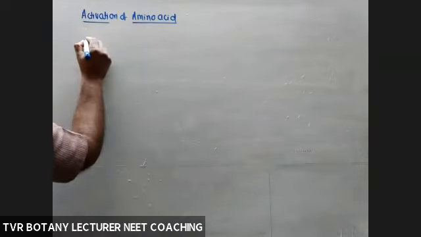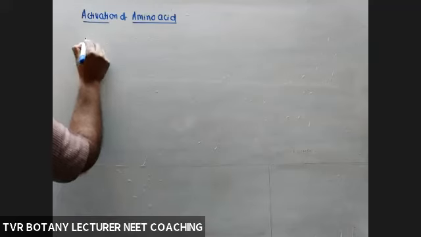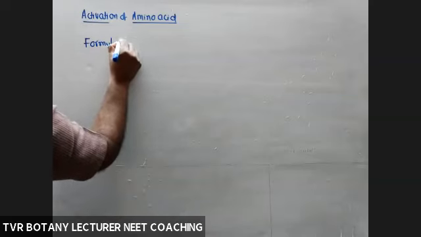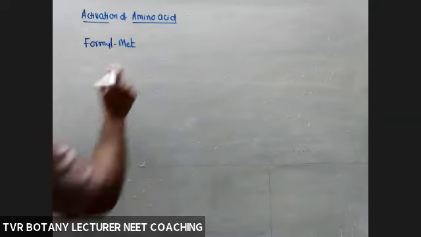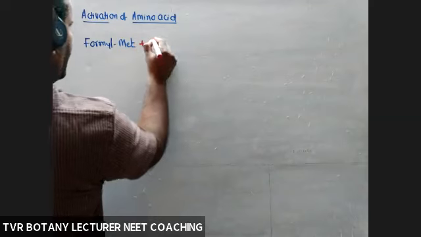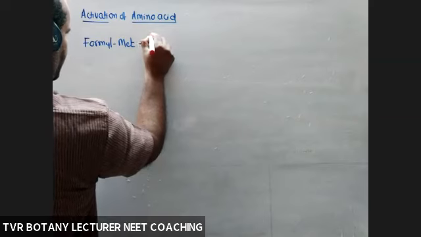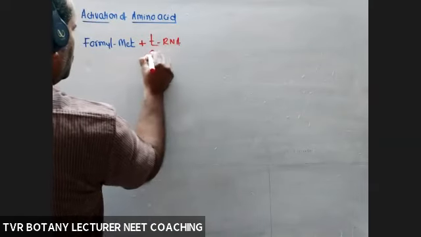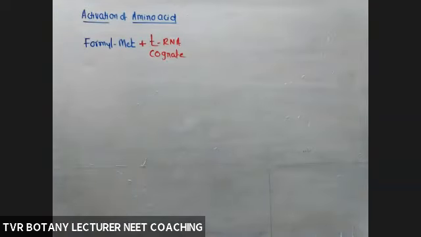Take one amino acid. For example, here I'm taking formyl methionine, or you can take some other amino acid. Formyl methionine amino acid plus tRNA. The tRNA is a cognate tRNA. What is a cognate tRNA? The concerned tRNA.